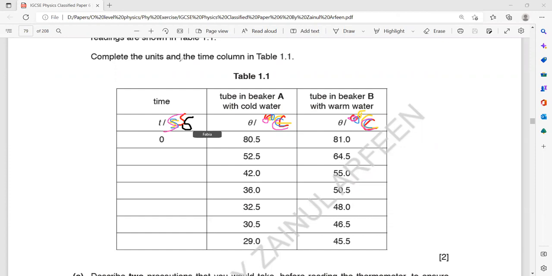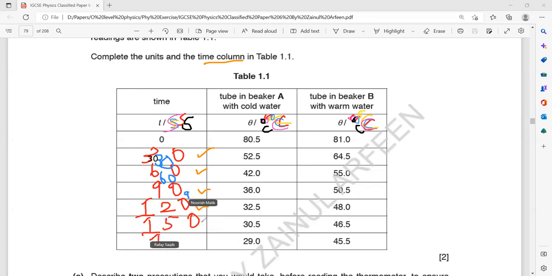So this is a unit. Then we have to complete the time column. We are recording the temperature after every 30-second interval. So if this is 0, how much is this next one? 30. The next one, 60, 90, 120, 150, and 180.